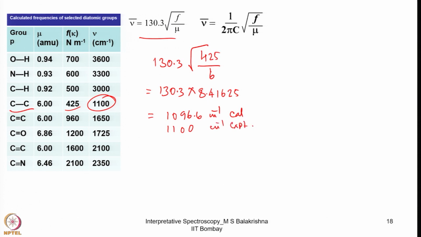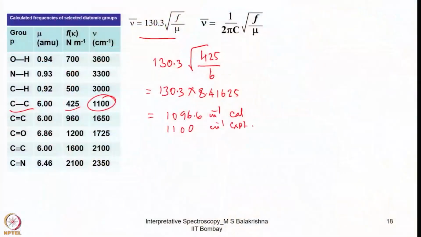So just make yourself familiar by considering either force constant or stretching frequency as the unknown, and use all three equations to understand these things so that you will not make any mistakes while calculating. What you should remember is, in this equation you don't have to do anything, simply consider the force constant in newtons per meter, whereas here you again consider newtons per meter, no problem, but the reduced mass after getting it should be multiplied by 1.67377 × 10 raised to minus 27 to convert that into kg.